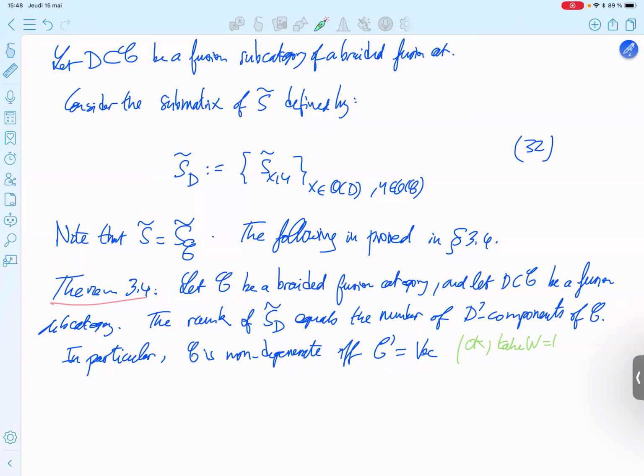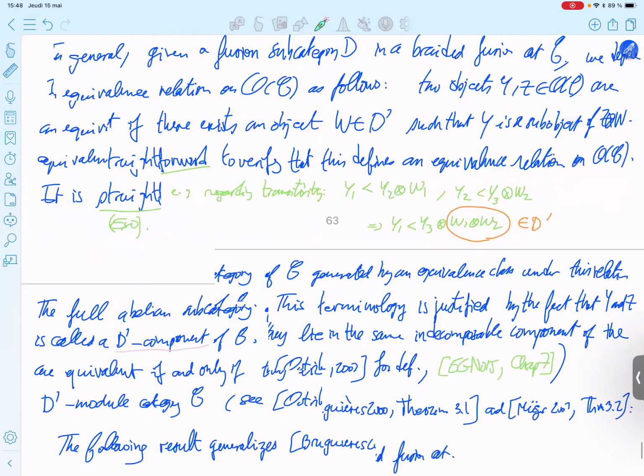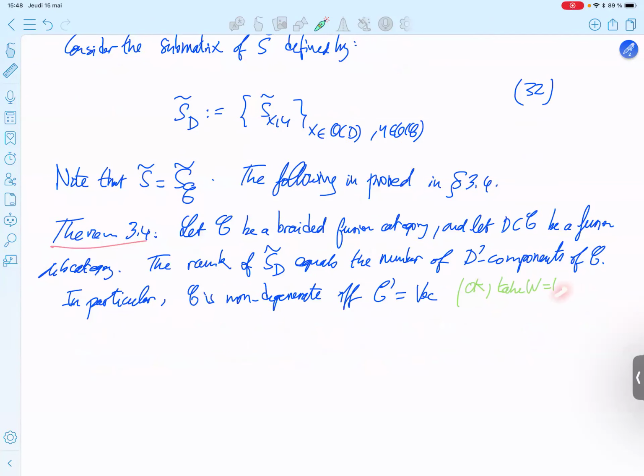So you take W equal to 1 here, and then the rank of S tilde is equal to the cardinal, the number of simple objects up to isomorphism. So take W equal 1.